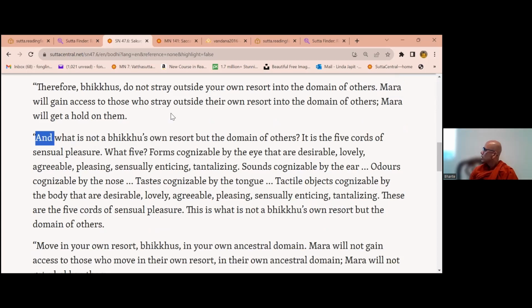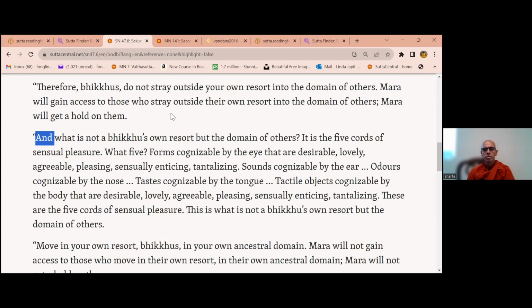And what is not a bhikkhu's own resort but the domain of others? The five cords of sensual pleasure. What five? Forms cognizable by the eye that are desirable, lovely, agreeable, pleasing, sensually enticing, tantalizing. Sounds cognizable by the ear.